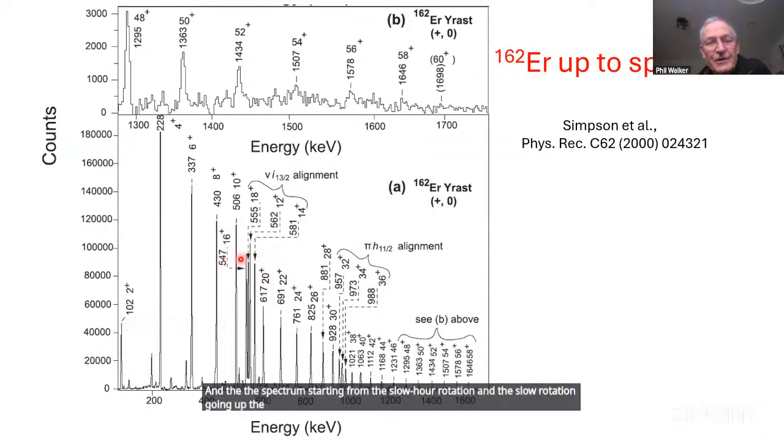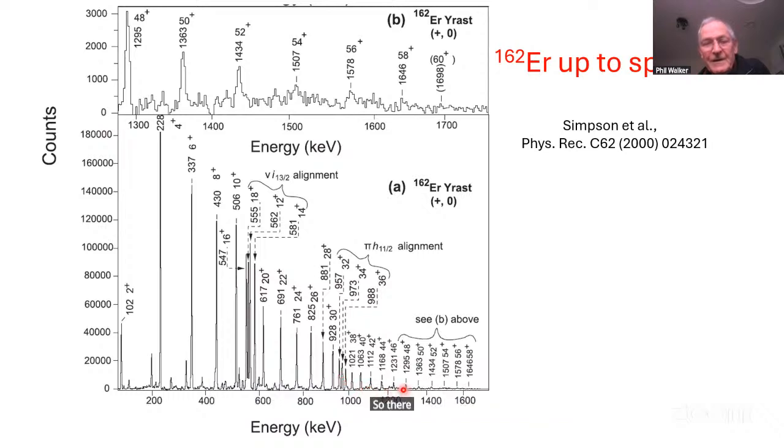There are two discontinuities. The first one is understood to be due to the alignment of a pair of high-J neutrons, and the second is due to the alignment of a pair of high-J protons. So there's a huge amount of detail of what's going on inside the erbium-162 nucleus that you can learn from these kinds of data.